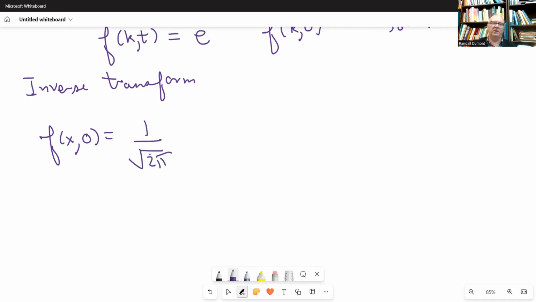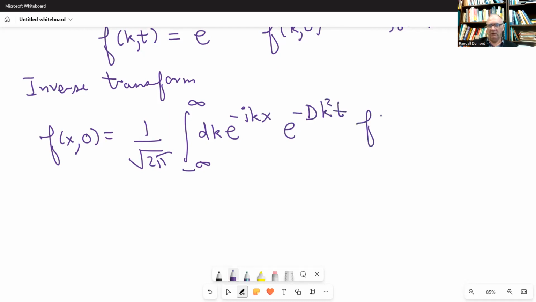That's why we chose it, so it will be symmetrical. We integrate now over k, and we have e to the minus ikx. There's our inverse transform of this function here. So we have e to the minus d k squared t times f tilde of k, 0.